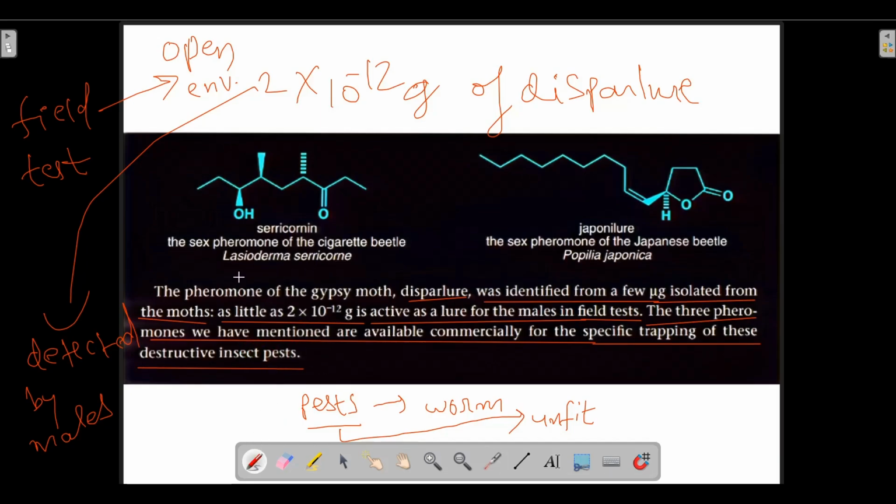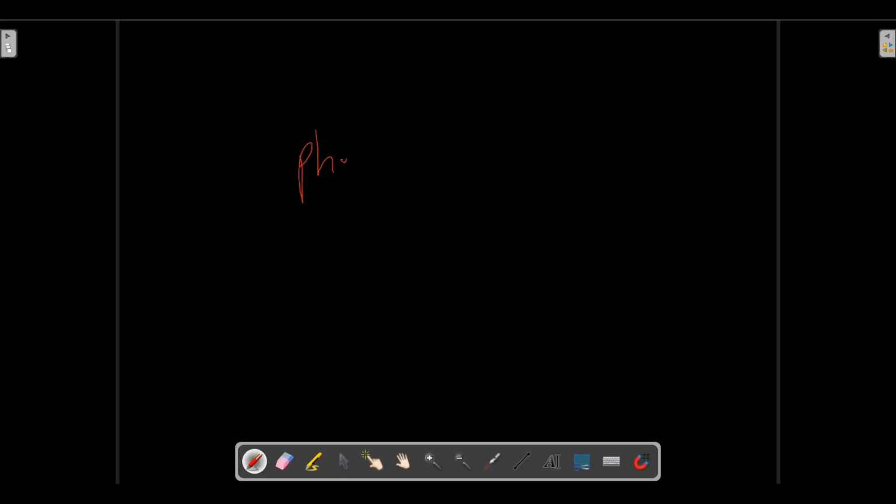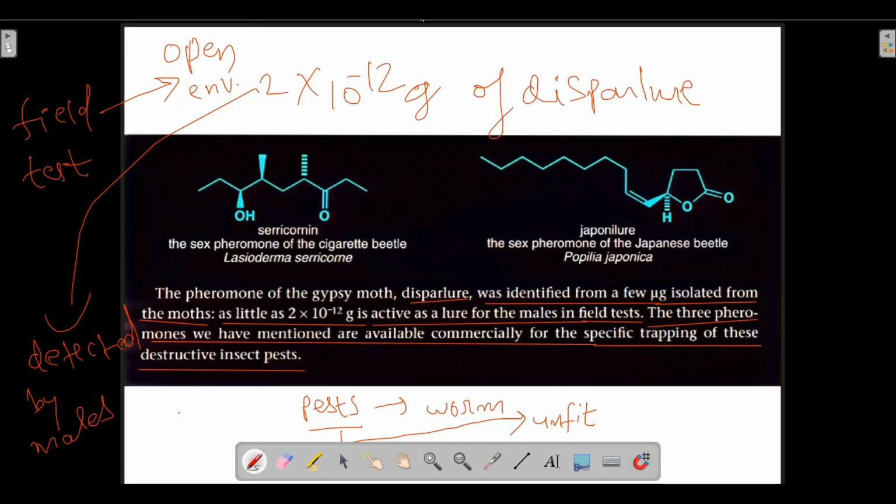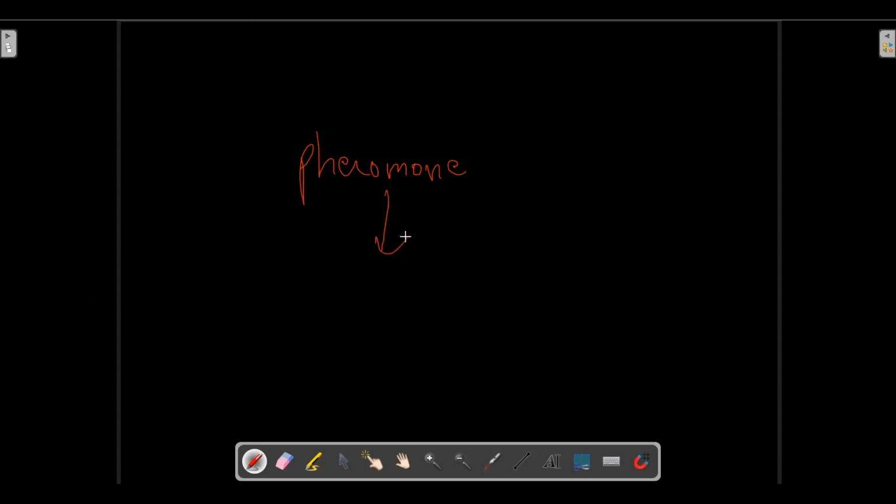So what scientists do is that they take the pheromone, and when insects get attracted towards it, they are trapped.